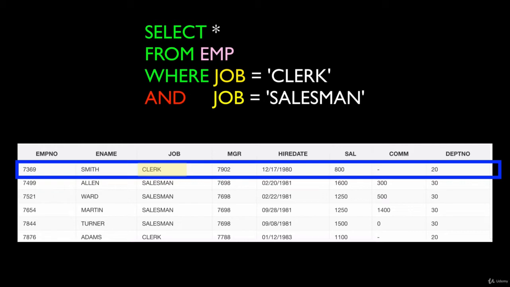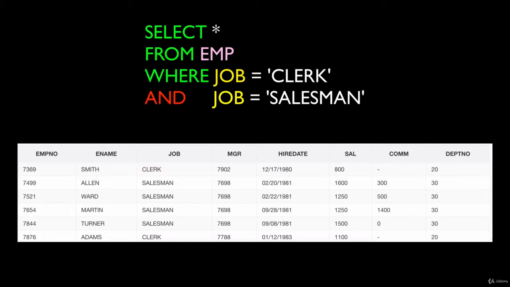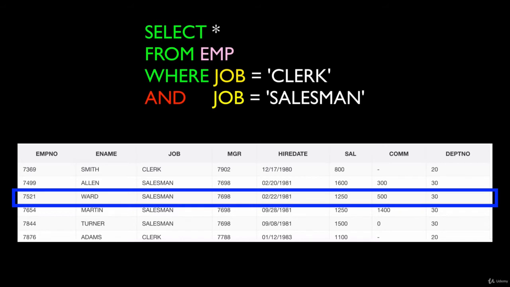Let's do another example. Remember, these filter conditions, where and so on, are applied at every single record, right? Every single record is being checked for these conditions. And for those records that hold true for both of these conditions, those are the only ones that should be returned, right? So let's take another example. Let's take the example of, say, the record with Ward as the employee, the third record.